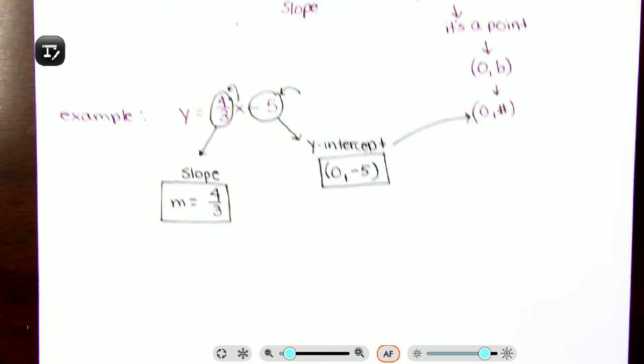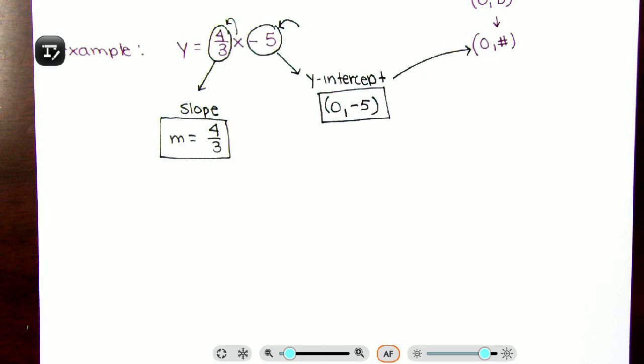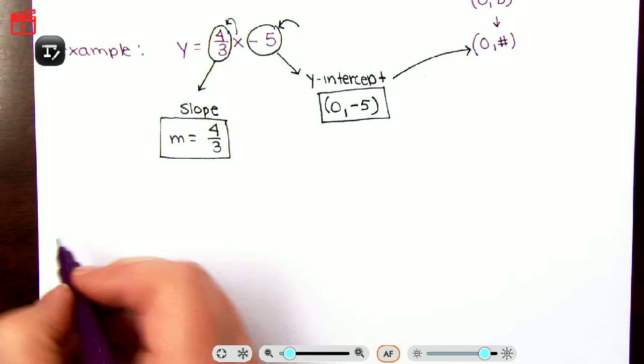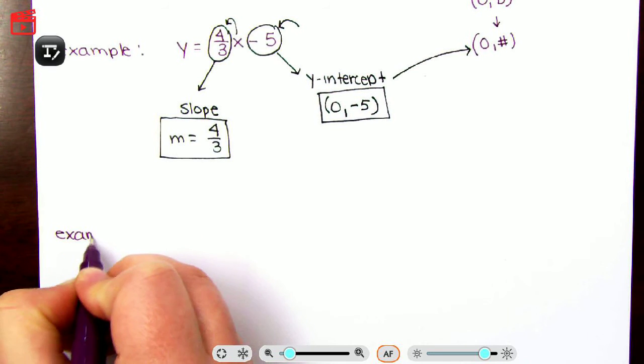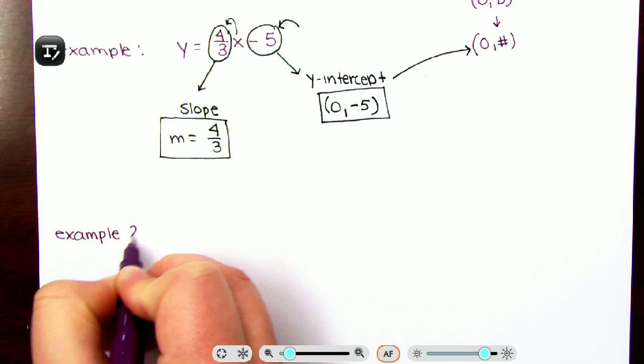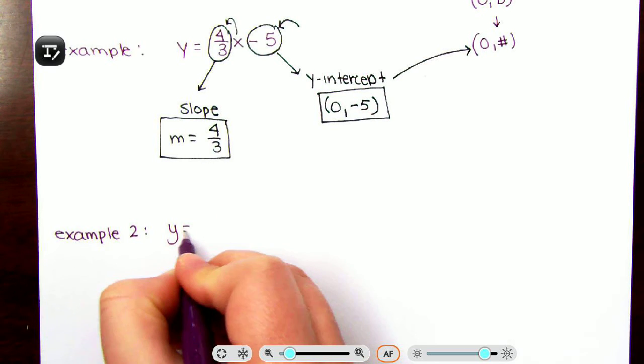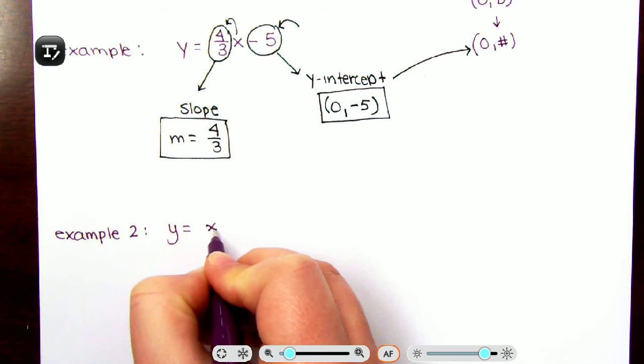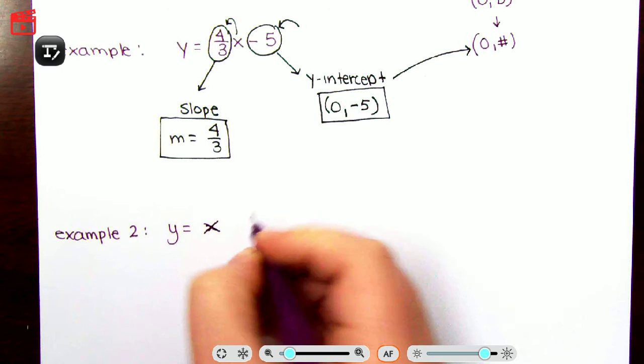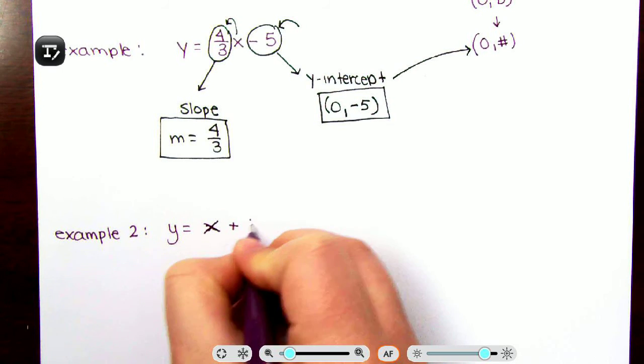Okay, let's do another example. Let's do something that's a little bit more difficult. So example 2. Okay, for example 2, we're going to do something a little bit more difficult. So let's do y equals x plus 4.